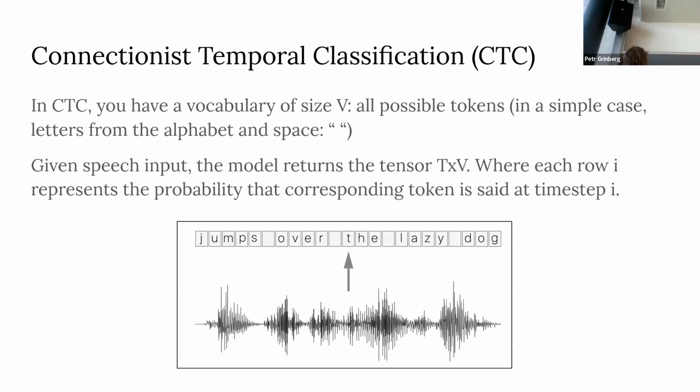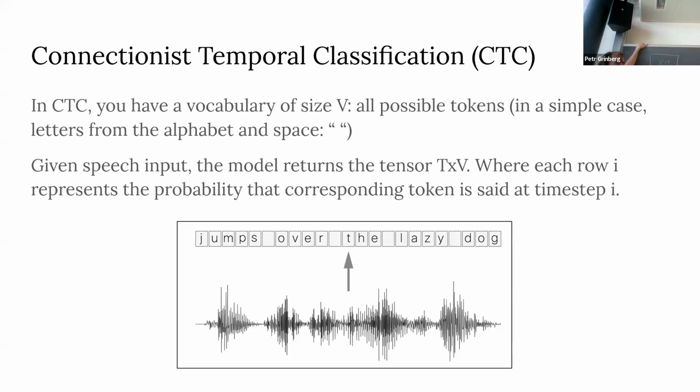So imagine you have your STFT spectrogram of size T here. For each column of your STFT, you will predict P0, P1, P2, and so on, up to P_V, which are the probabilities.